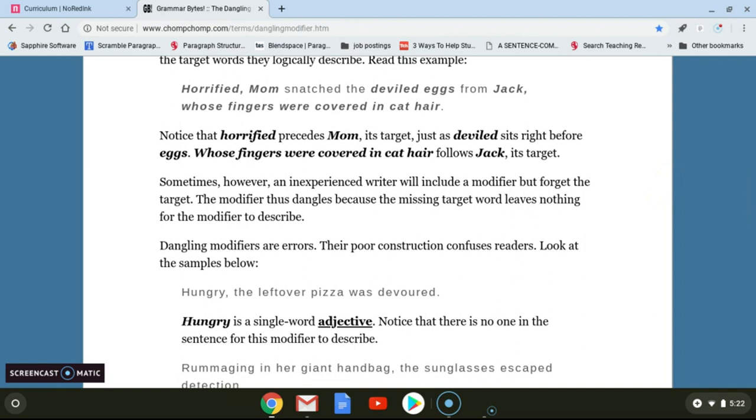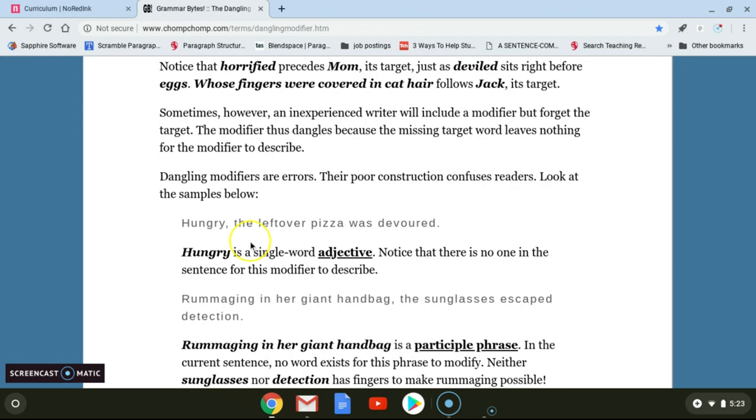So let's take a look at an example. Here we have, hungry, the leftover pizza was devoured. Hungry is one word. It's serving as our modifier, and it's describing. But notice we don't know what it's describing. The writer of this sentence left out the target.